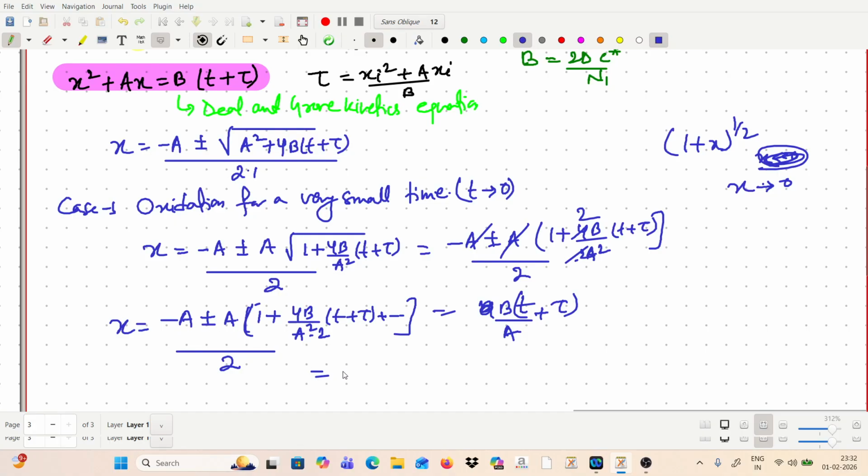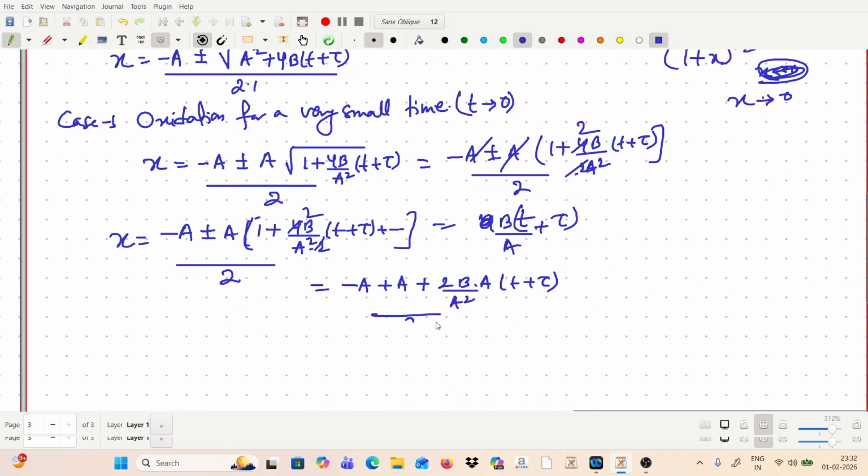So minus a plus a plus 2b by a square into t plus tau by 2, by 2. So these cancel, a cancel, a cancel.